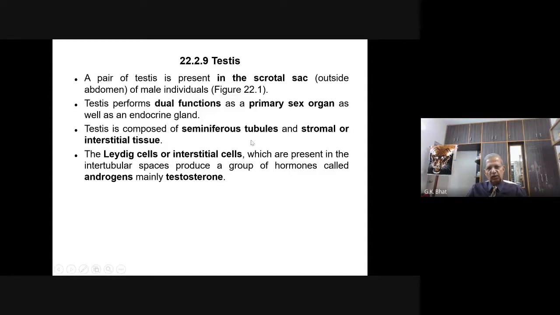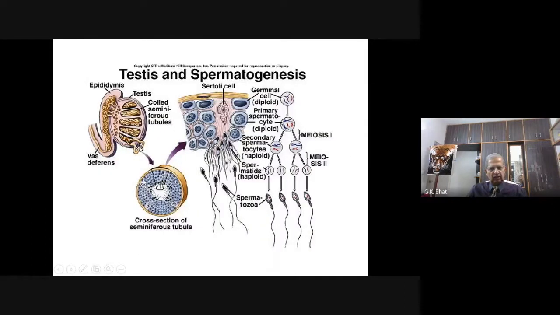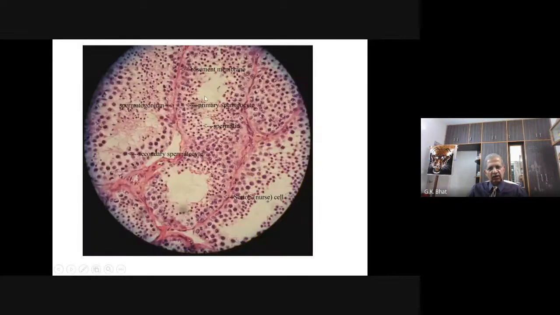Testis is composed of seminiferous tubules and stromal or interstitial tissue. The Leydig cells or interstitial cells, which are present in the intertubular spaces, produce a group of hormones called androgens, mainly testosterone. Look here, this is the section of the seminiferous tubule, and these are all the cells you have inside the testes. These are all called seminiferous tubules, and what you have here and here are interstitial cells, interstitial tissue.